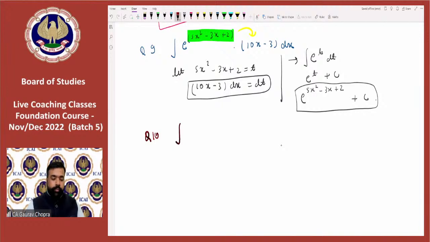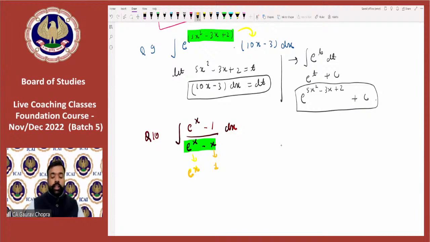Then the next one, integration of e to the power of x minus 1 divided by e to the power of x minus x. So now here again clearly we can see that differentiation of denominator is available in numerator, because e to the power of x becomes e to the power of x, that is same, and differentiation of x is 1.